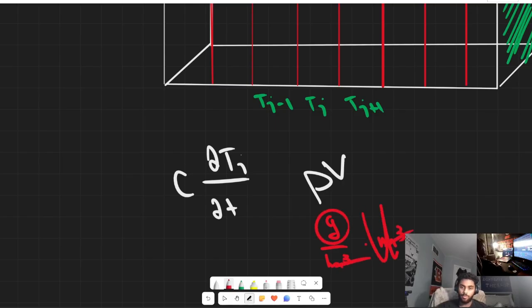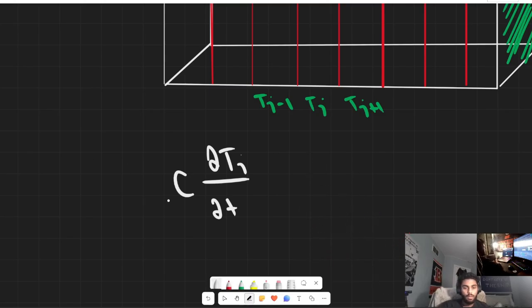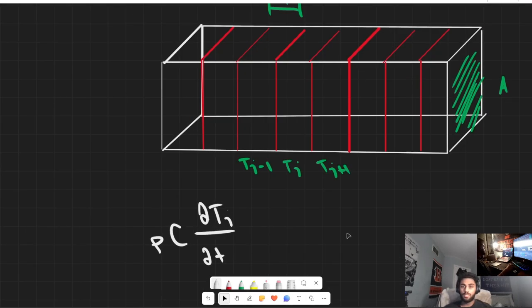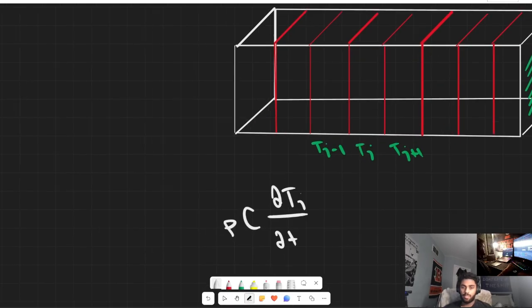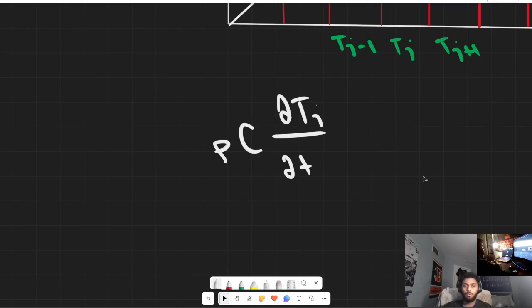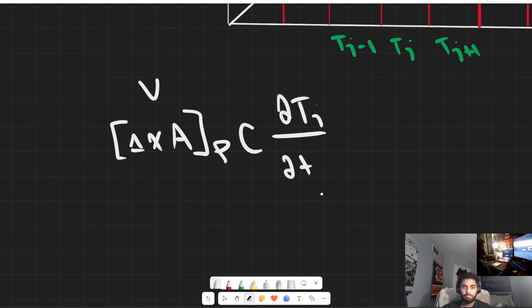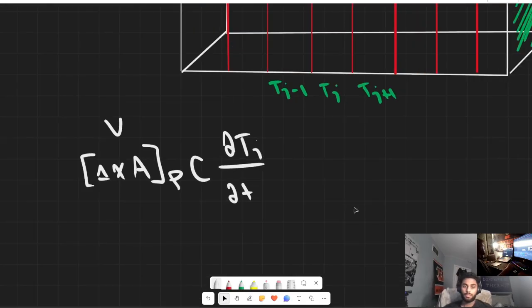We're just left with grams, we get that mass term out of the way. So I can multiply my density, and the volume of one of these little slivers here is this delta x times A. So let's add that in too. So delta x A, and this counts as our volume term, not velocity term.